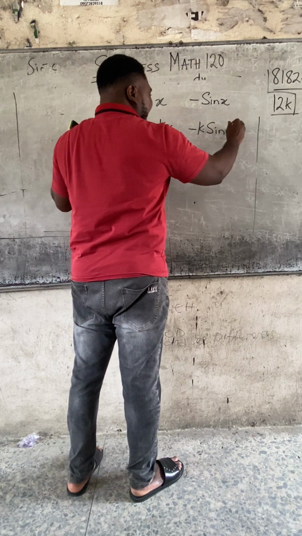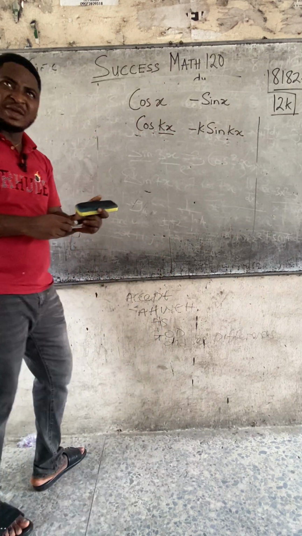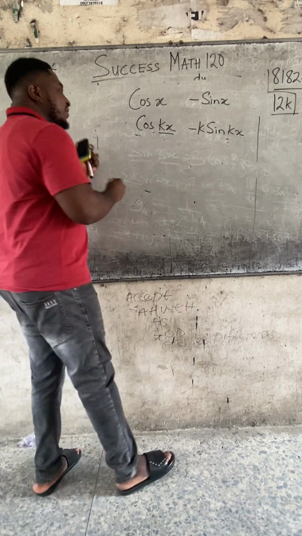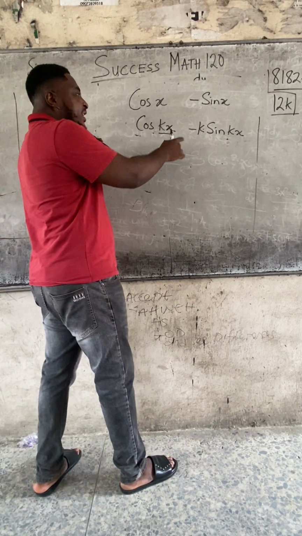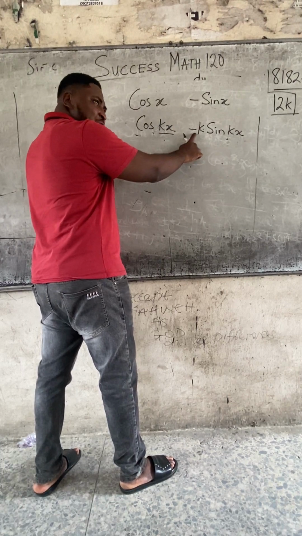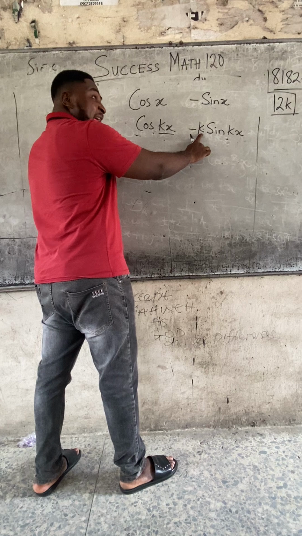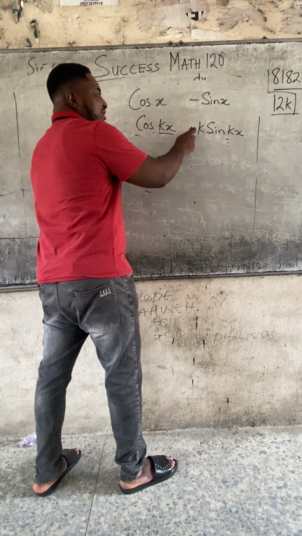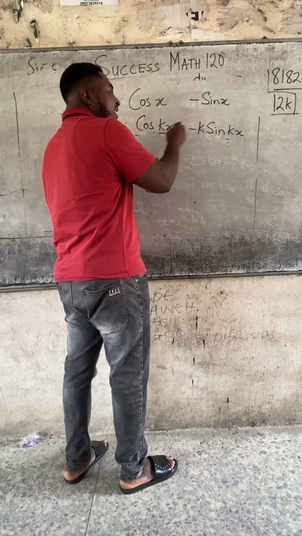Then repeat the kx. I'll come again one more time. Differentiate this kx in front. The x will go, the k will remain, right? It's not this kx that brought this minus. So differentiating kx is just k that should be here. But anytime cos is differentiated, it changes to minus sine. This is the minus. Then repeat the kx in front.